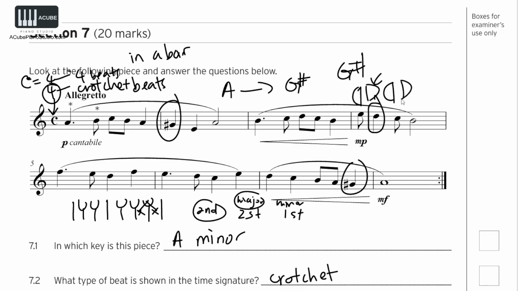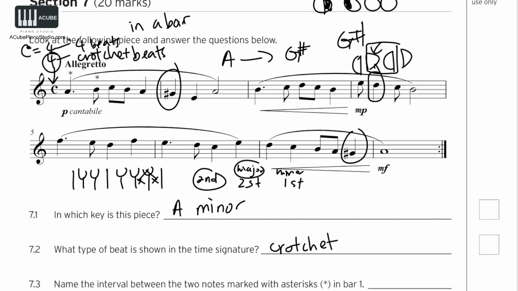Okay, so if I use a circle that represents the 4 beats in the 4/4 time, then this D here, or this crotchet note here, which is in between these two quavers, it's part of the first beat and part of the second beat, right? So usually we don't stress on this. We usually stress at the start of the first beat, then the third beat. Okay, but now we're stressing on the middle of the first beat. Okay, so this is called syncopation.